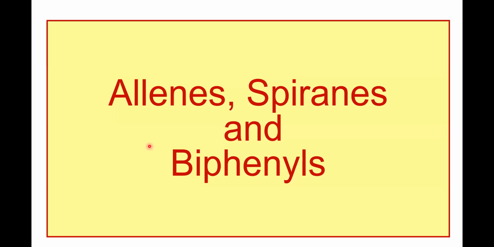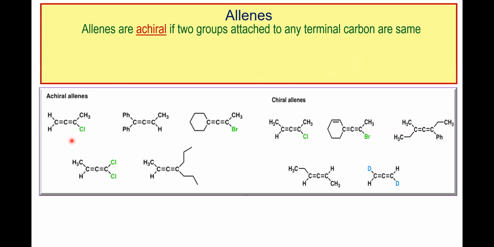Usually allenes, spiranes, biphenyls. Look here. So in allenes, if there are similar groups at one terminal, it will have a plane of symmetry. They are optically inactive or achiral. Otherwise, if there are different groups, they are chiral.